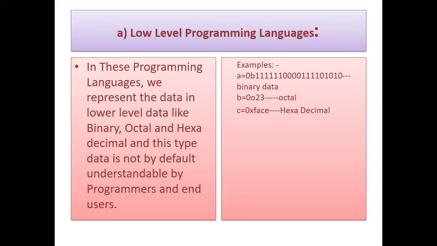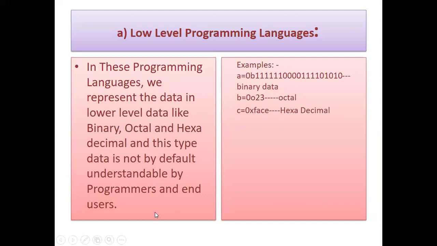Whenever we write the data in the binary, octal, or hexadecimal format, this is by default not understandable by the programmer or the end user. Will you be able to understand this? What is this written? We all know in binary format we have 1 and 0.